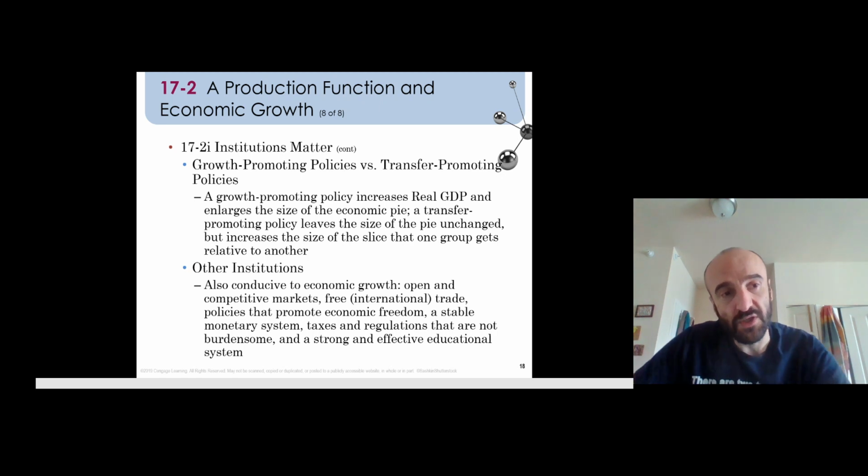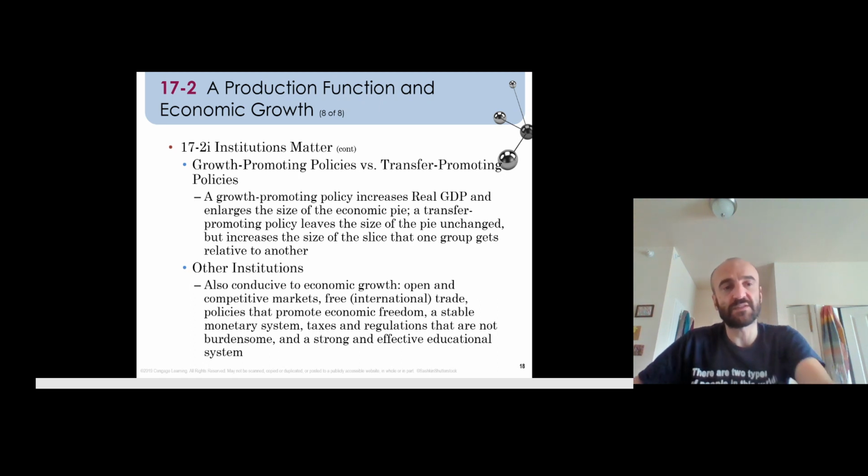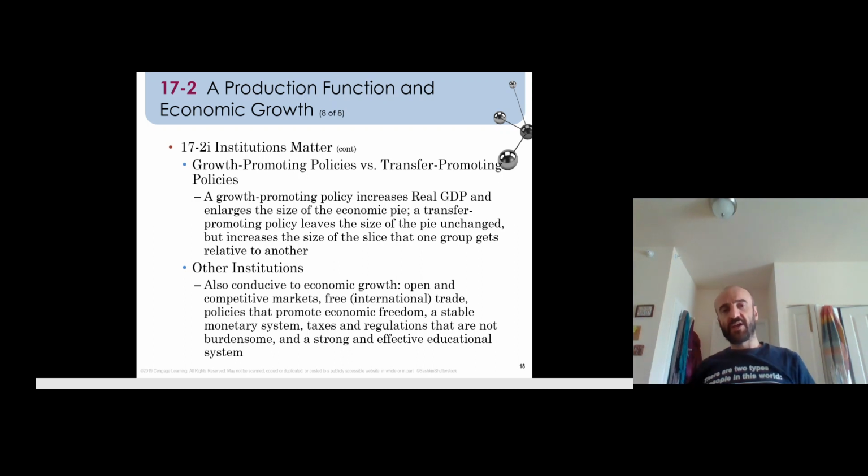So if you increase taxes and increase the amount of redistribution of wealth, your economic growth is going to suffer. That's typically why the Western European heavily regulated, high spending and high tax countries have rates of economic growth typically twice lower than the United States. That's the main reason.